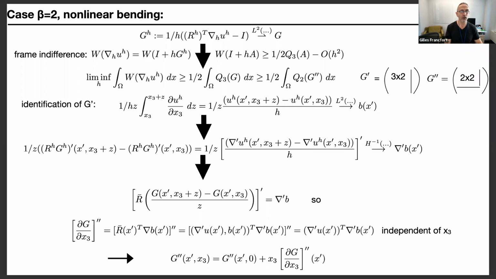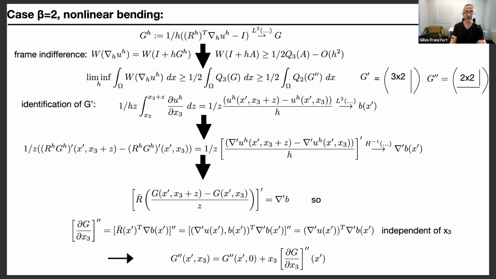So first, you know that du^h/dx3 converges strongly in L2, that's what was on the previous slide, to a b which depends only on x prime. So this integral divided by h z converges exactly to b. But now, you know that this quotient, 1 over z times u^h at x3 plus z minus u^h at x3 over h, converges strongly in L2 to b.